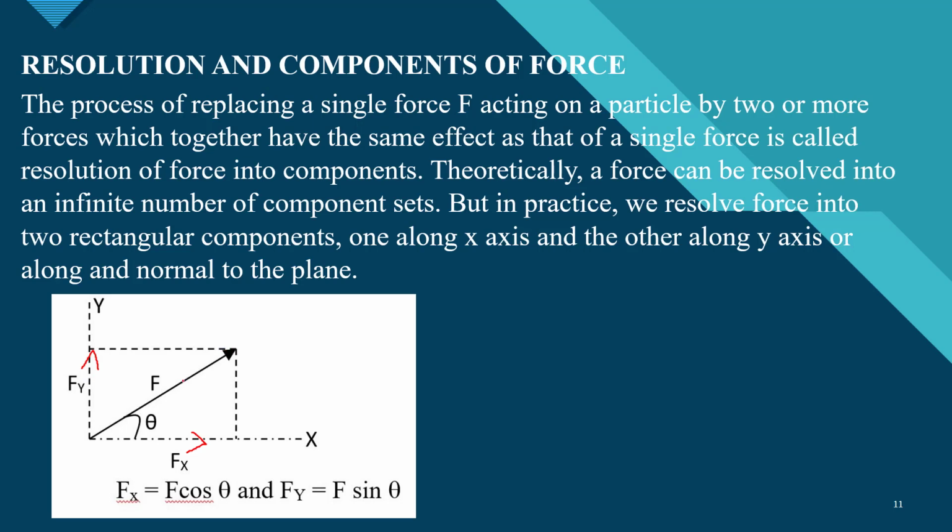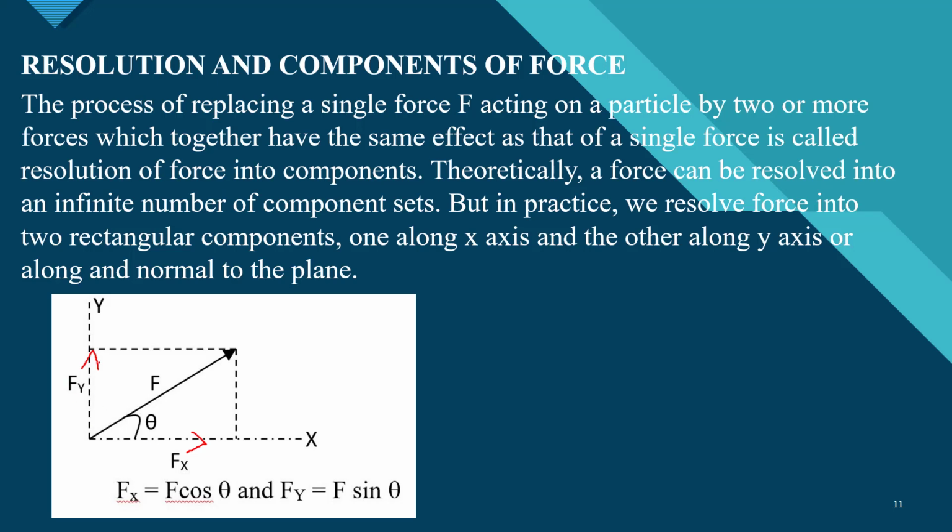Now from this triangle, what is cos theta? Cos theta will be adjacent side by hypotenuse, that is Fx by F, right? Or Fx will be equal to F cos theta. Similarly, you can find out Fy also.